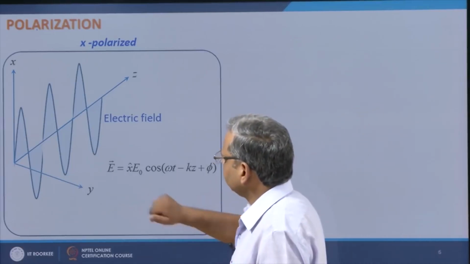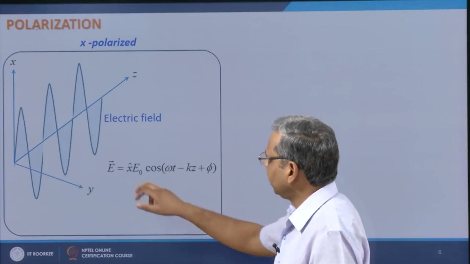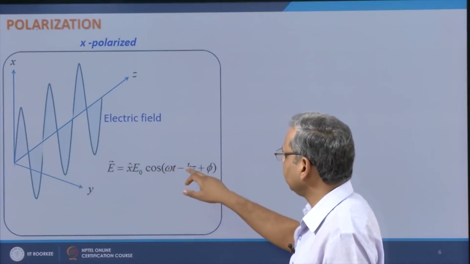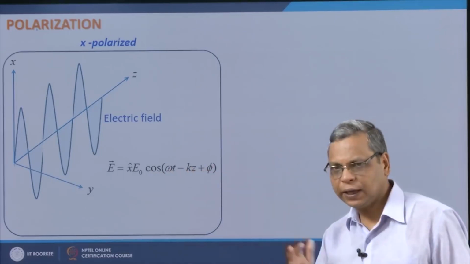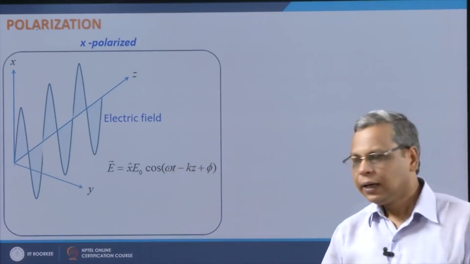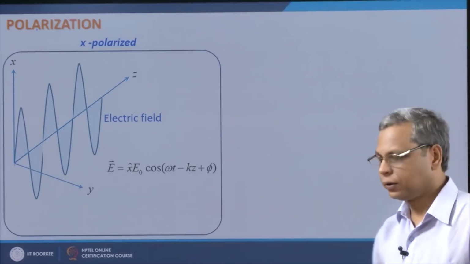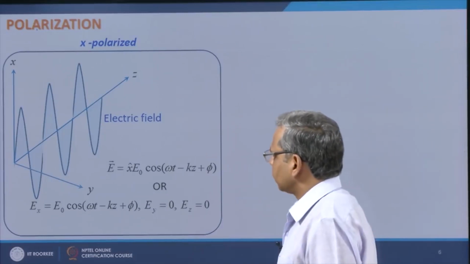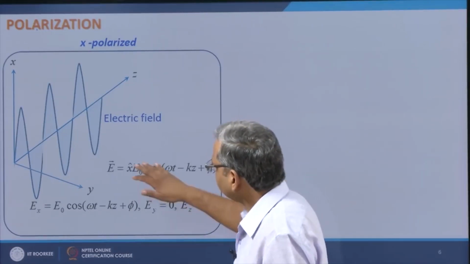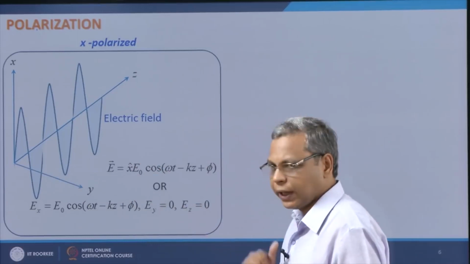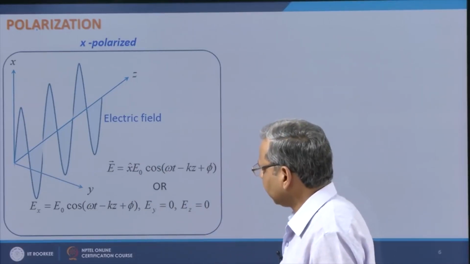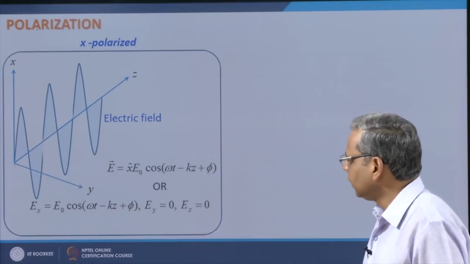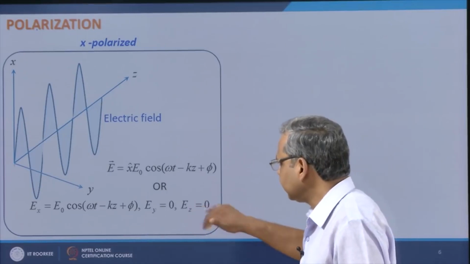And the electric field in general, for an x polarized wave, can be given as x cap E0 cosine omega t minus kz plus phi, where phi is an arbitrary phase. It decides where you start your clock. So, I can also write this in terms of x, y, z components of electric field as Ex is equal to E0 cosine omega t minus kz plus phi, Ey is equal to 0 and Ez is equal to 0.